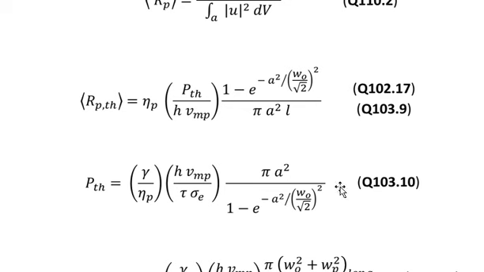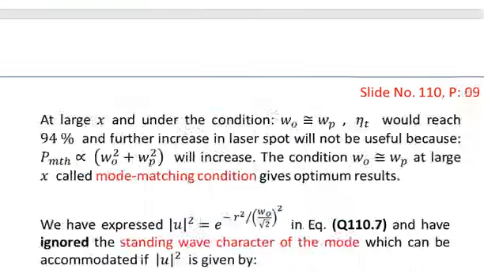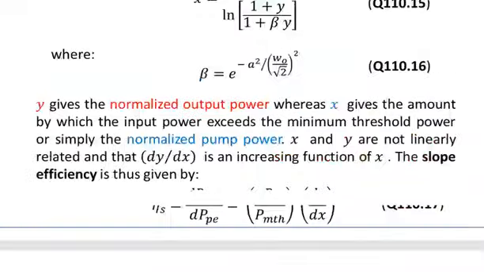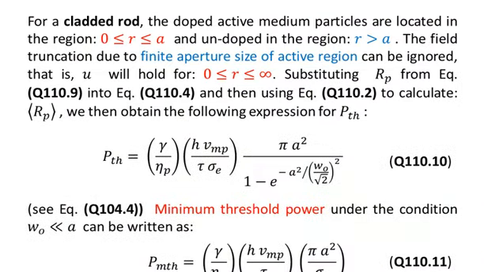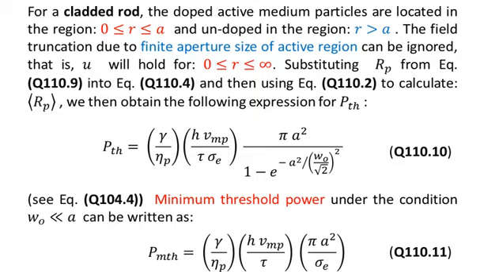So you see that in the case of transverse pumping, the transverse threshold pumping power, we have this relationship. So let's go back to equation number 10. This is the derivation of this equation, how we reached it. The minimum threshold power under the condition that w naught is less than a can be written as follows.